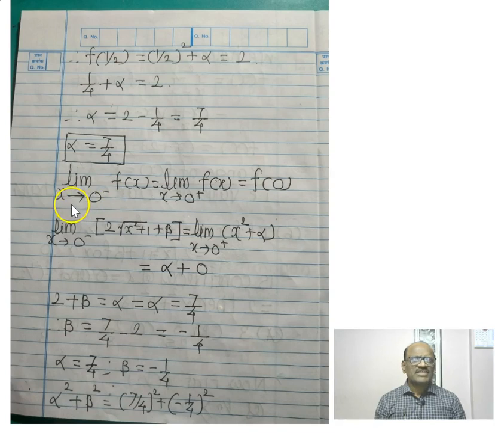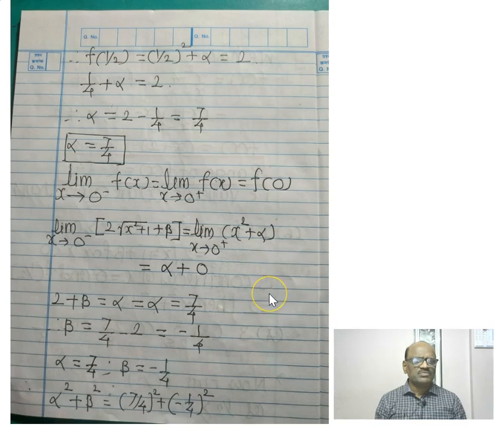Now the limit extends to the left limit. This is the left limit, this is the right limit, and this is the value of the function. For the left limit, the function is 2 under root of x square plus 1 plus beta. As x tends to 0 plus, meaning the right limit, we take x square plus alpha.